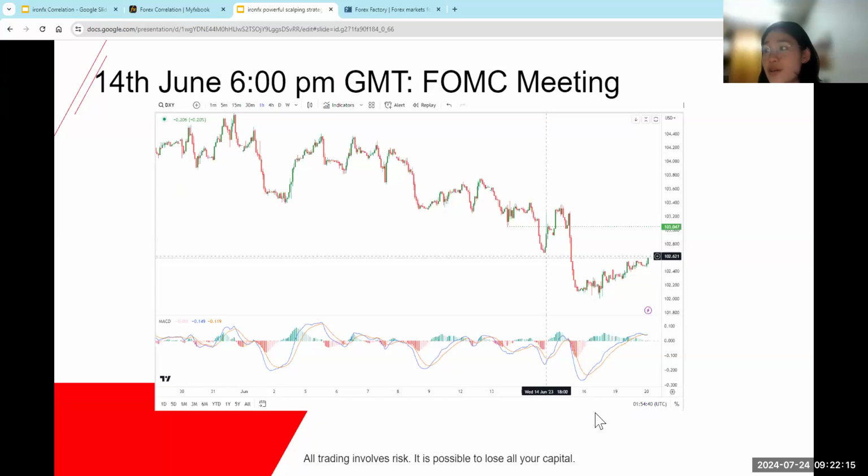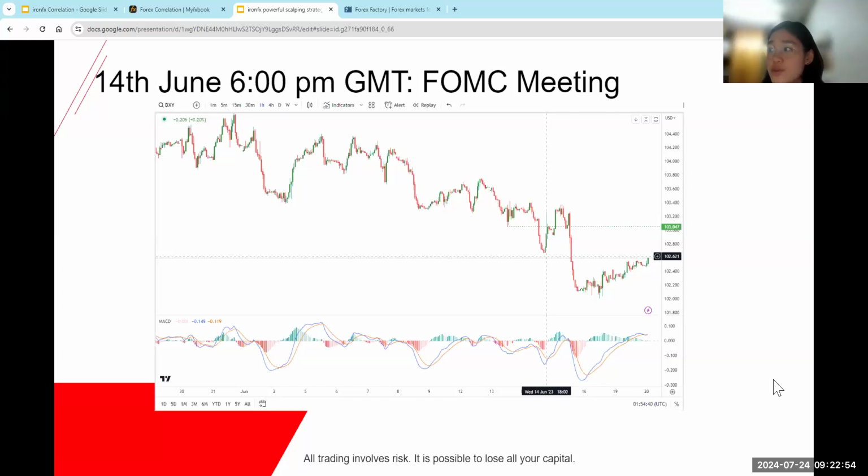Another example is your FOMC meetings. We have the price of DXY shooting up after our FOMC meeting at 6 p.m. GMT, and we saw our MACD giving us a bullish momentum as well. Again, this is our 1 hour time frame. You can use this method on any time frame, but I think it works better on lower time frames, so maybe 30-minute, maybe even 15-minute, but we won't go below 15 minutes because it tends to get a bit too noisy.